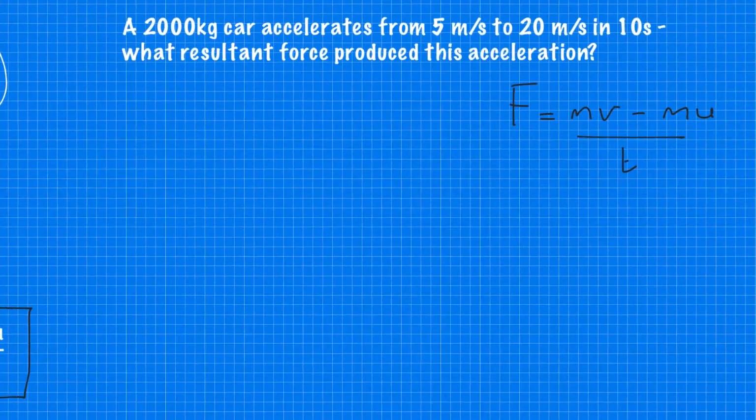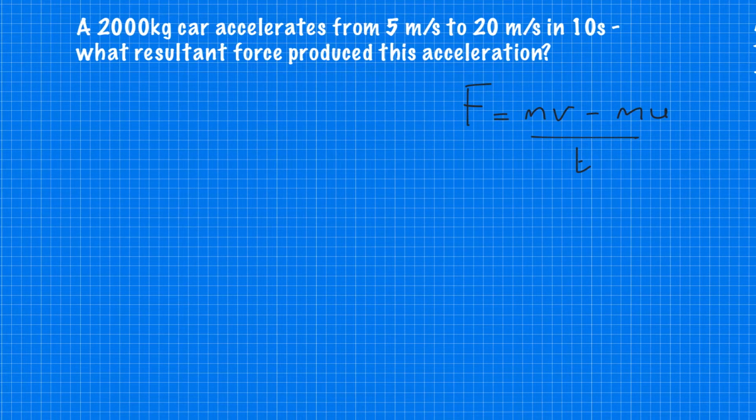So we have a question here. It says a 2,000 kilogram car accelerates from 5 meters per second to 20 meters per second in 10 seconds. What resultant force produces acceleration? So we need to start substituting our numbers into our equation. So we're working out force. So we know the mass is 2,000 kilograms. We're multiplying it by the final velocity.